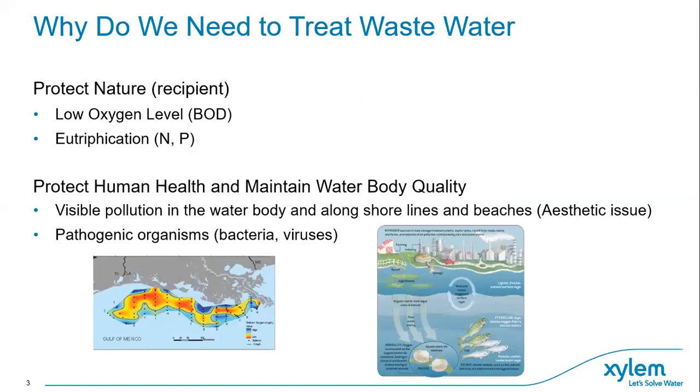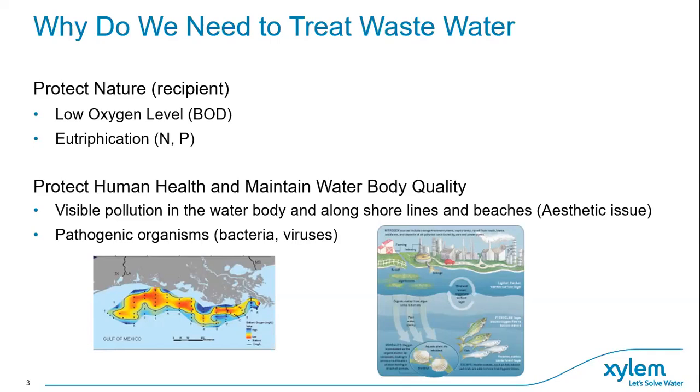So I'm sure we all know why we need to treat wastewater. Obviously, initially and most importantly, it's to protect nature, protect ourselves, to protect our health, and to protect the health of plants and other living things within our ecosystem.